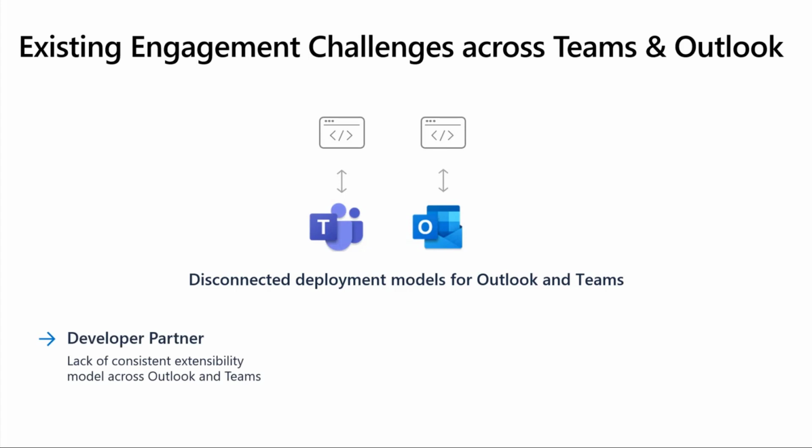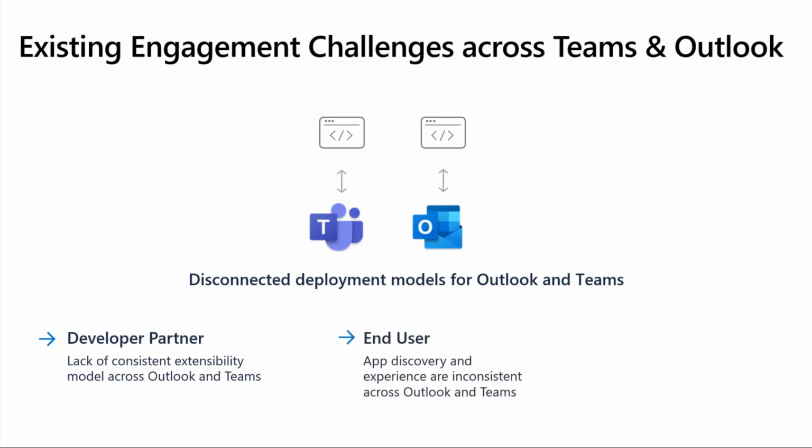And thinking in terms of three key personas for a developer partner, for an engineer, there was lack of a consistent extensibility model. And due to the disparate action types, action.http or action.submit, the engineers were asked to build two separate adaptive card-based applications, one each for Outlook and Teams.